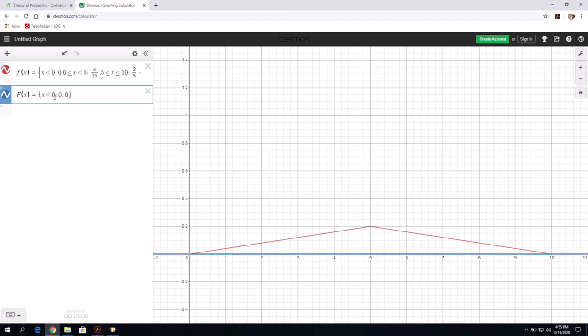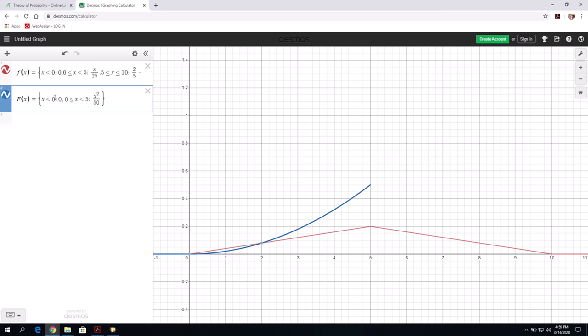If 0 was less than or equal to x was less than 5, it was x squared over 50. So x, caret, squared, get out of the power, over 50. There we are so far.